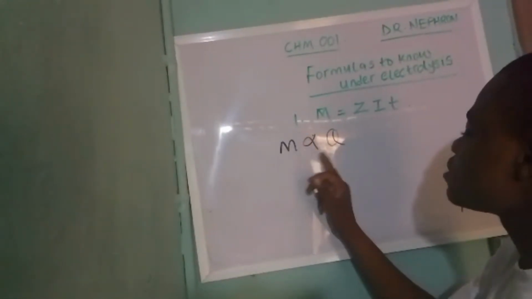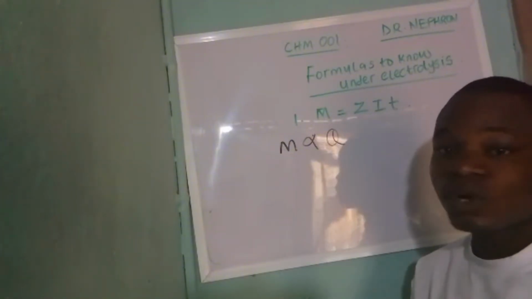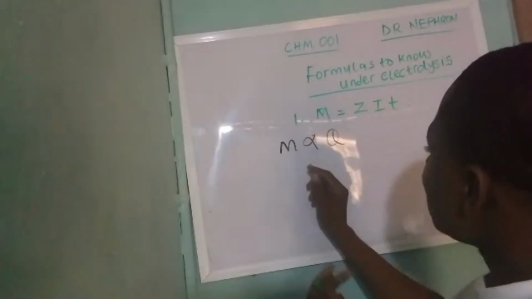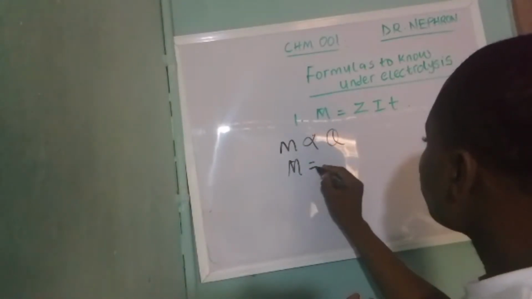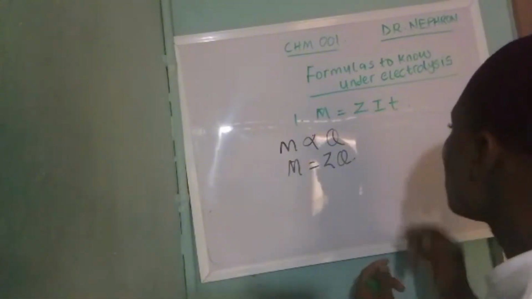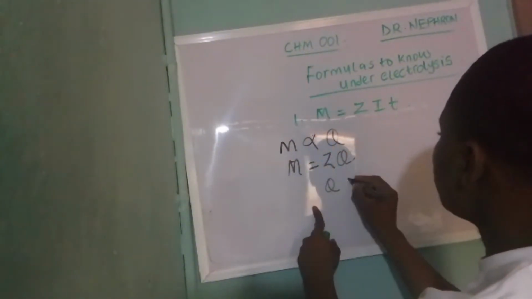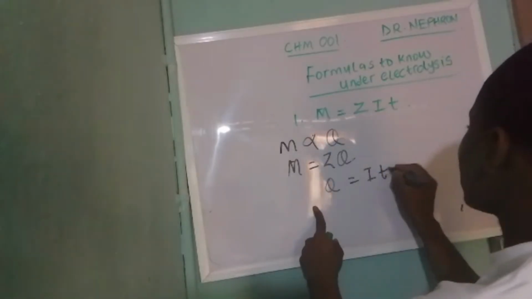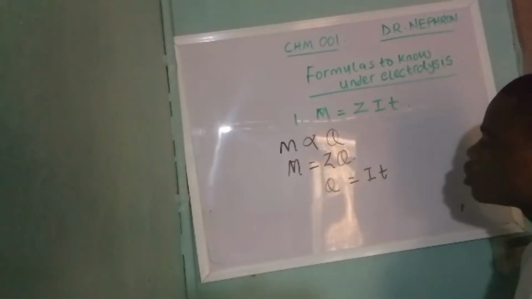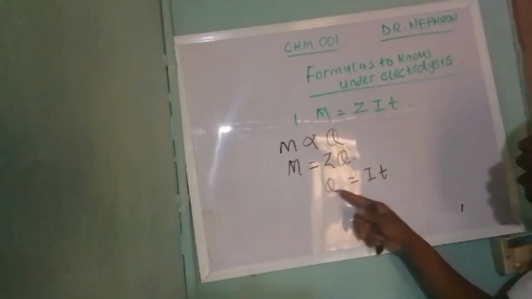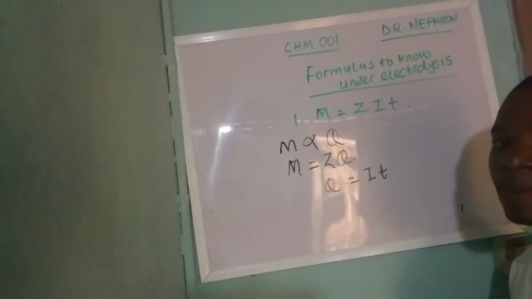Anytime you remove the sign of proportionality, we introduce a constant, and this time the constant is Z. So M equals ZQ. But the quantity of electricity Q is equal to current multiplied by time.